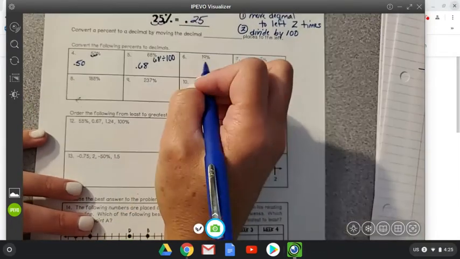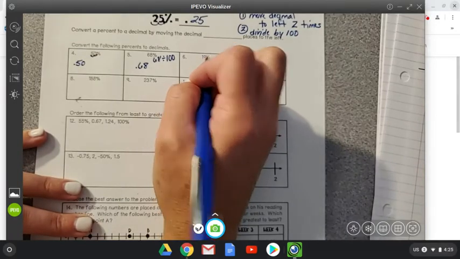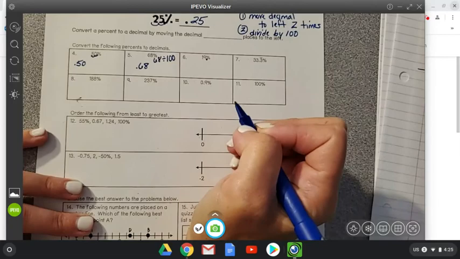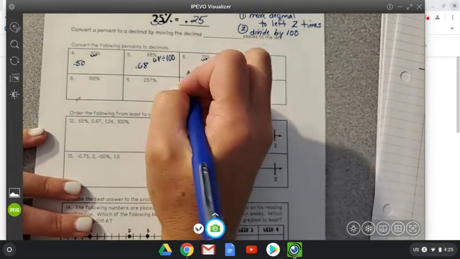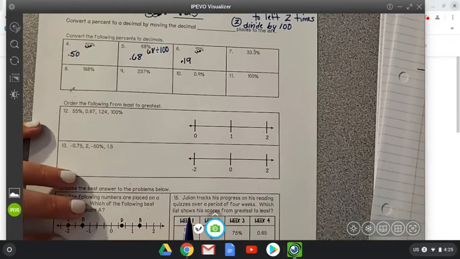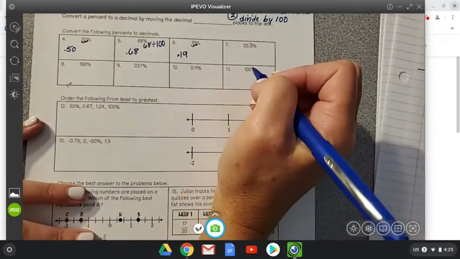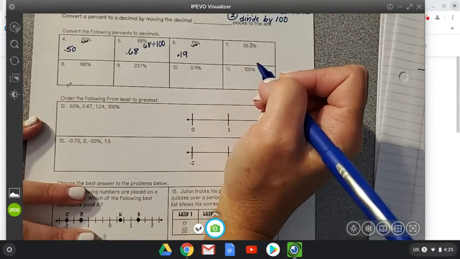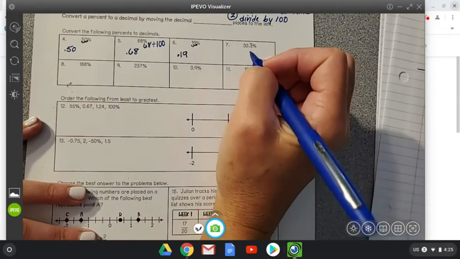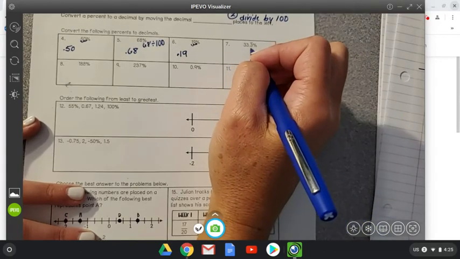All right, so on this one, I'm going to go back to moving my decimal to the left, and it's invisible, but it's to the right of that number. So if I move it 2 spaces, I end up with 0.19. And I'm also going to do number 7 with you guys. It is 33.3 repeating. So I can put this in my calculator, or I can see that there's already a decimal here.